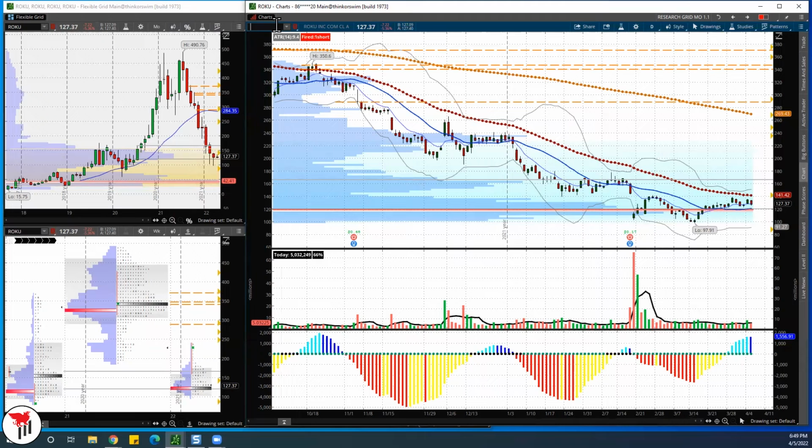But two things I like about this one. First, I see some buyers in here, and definitely some buyers right here at support. So all I want is confirmation that this is just a spring, that some people were trying to short right here, the 98 versus the 140, like 40% below. Fine.